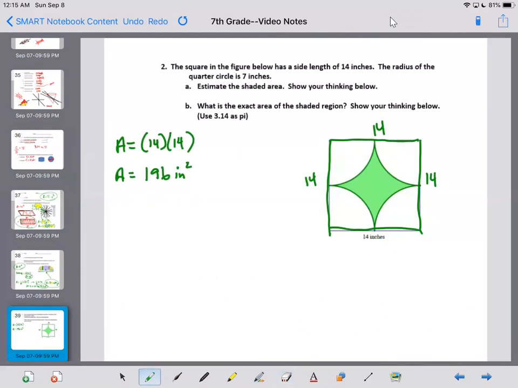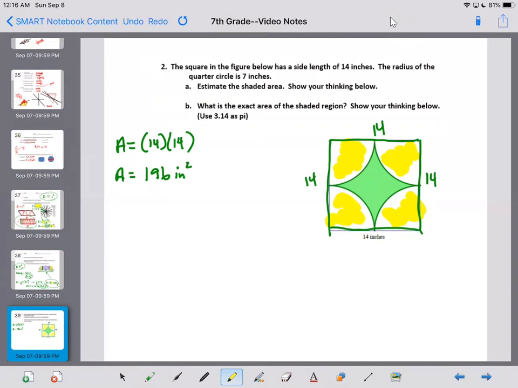Now, I want to know the exact area of the shaded region. So if we're using approximation, we can use 3.14. If we're looking for an exact, we can use pi. So I need to be able to find the area here and subtract it away from 196 square inches. And that's going to give me the area in green.